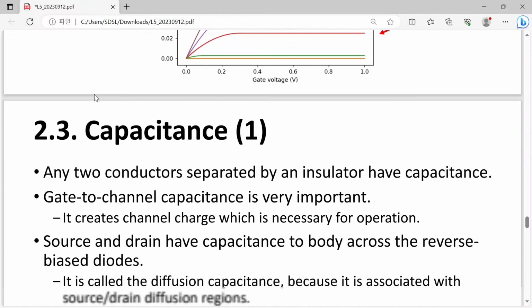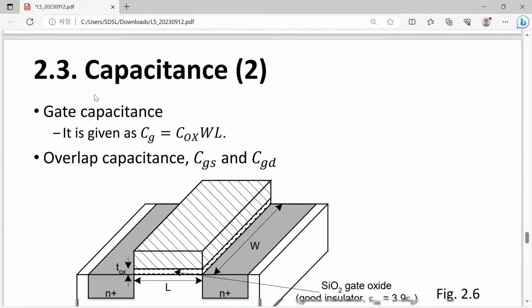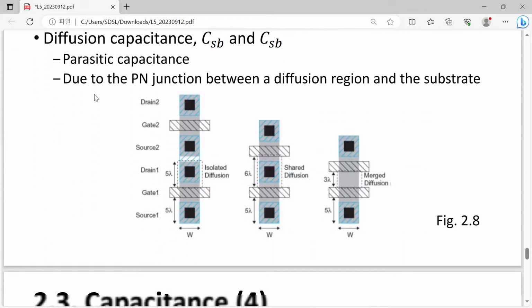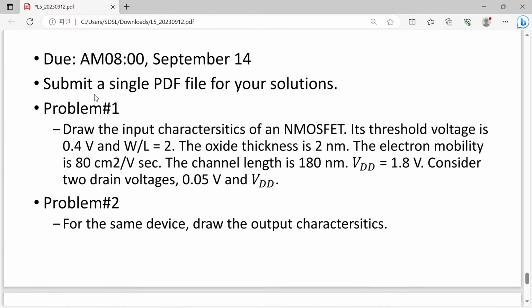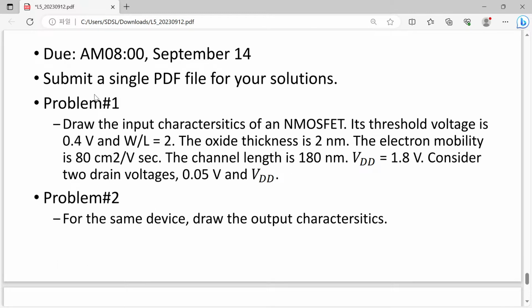Then you have homework, your very first homework. This is just a drawing problem. Please draw your input characteristics and output characteristics. I think that you can already do it with the given expressions and equations, so please do it for me.